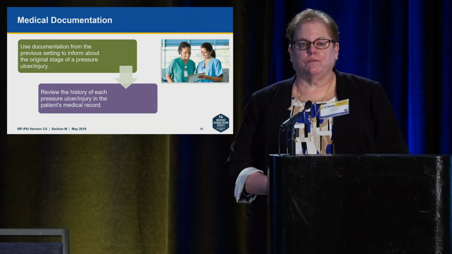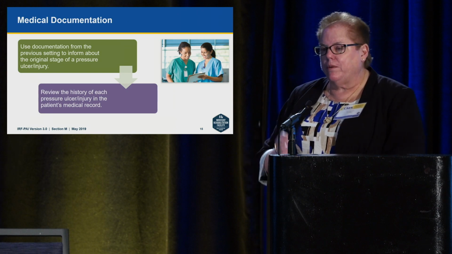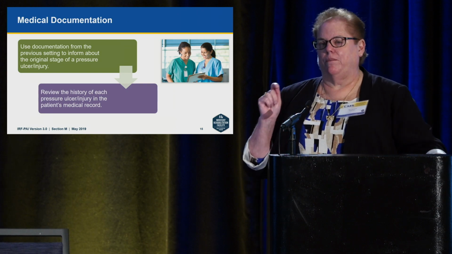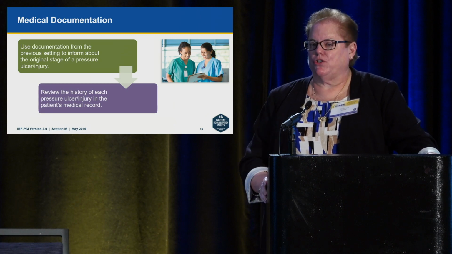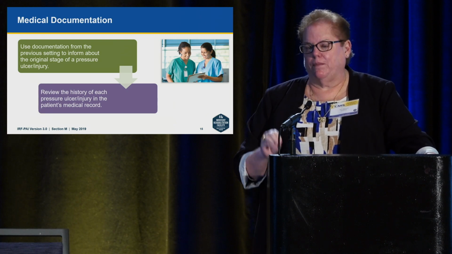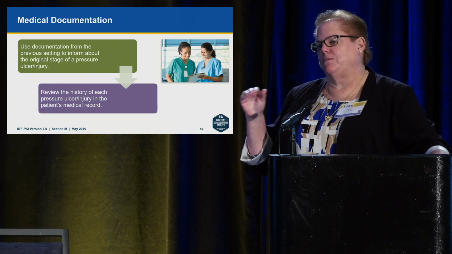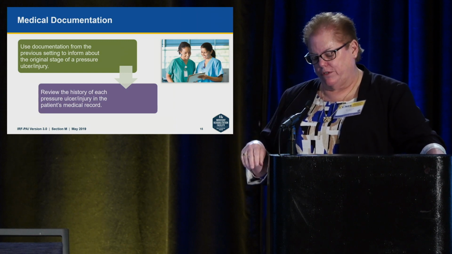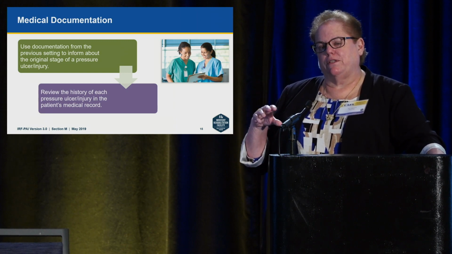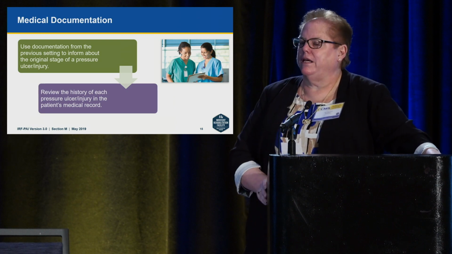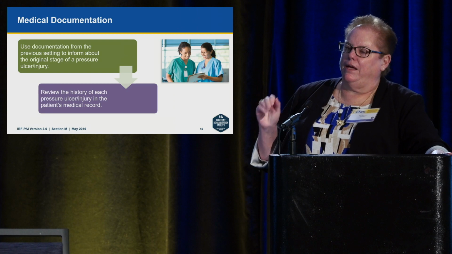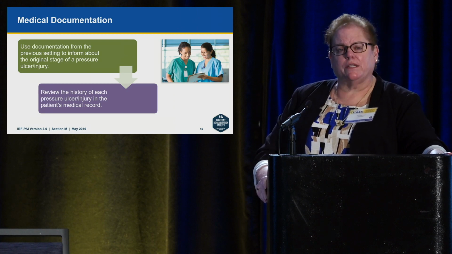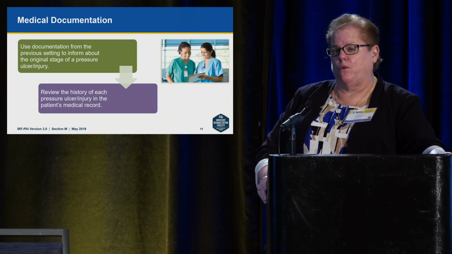Sure. So I'll repeat that again. An important point to take away from knowing what the greatest stage of a pressure ulcer was. For example, if you had a patient who was admitted to your facility, and previously they had been in maybe an extended stay in acute care, and they had an injury on their coccyx that was staged as a stage 4.